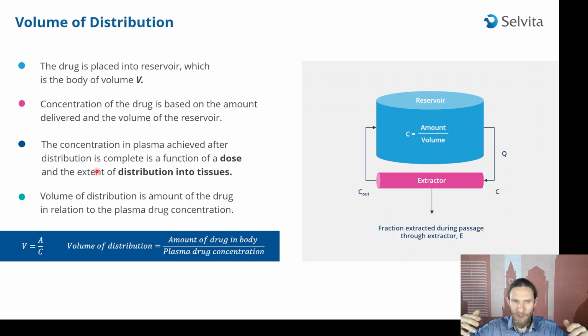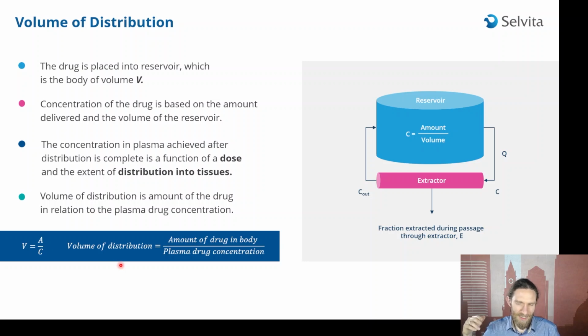So the concentration in the plasma will be a function of the extent of distribution into tissues. What we can measure is this: we know the amount of the drug delivered, we know the plasma drug concentration, so we divide one by the other, and we get the volume of distribution.